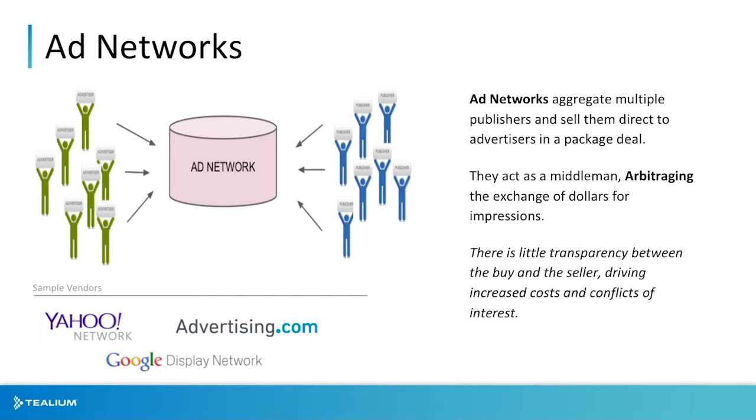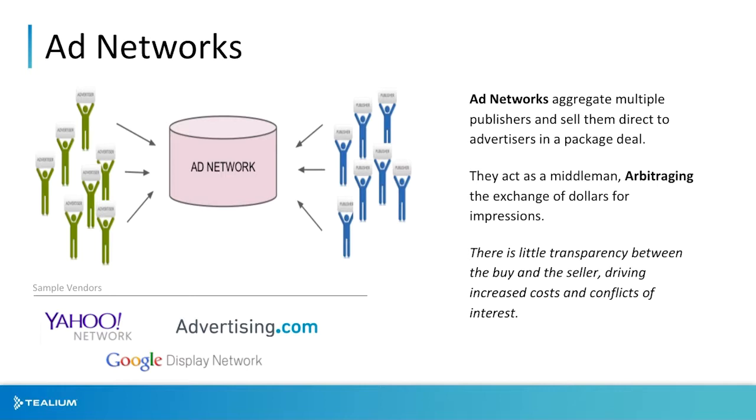It's a great idea. Yahoo, Google run exceptionally well their ad networks, but other players in the best of breed space like advertising.com do so as well. One big problem in ad networks is that there's very little transparency between the buyer and the seller, and this drives increased costs and conflicts of interest.